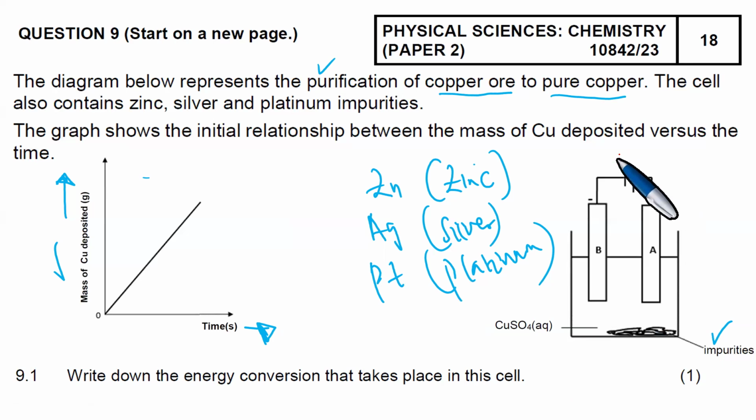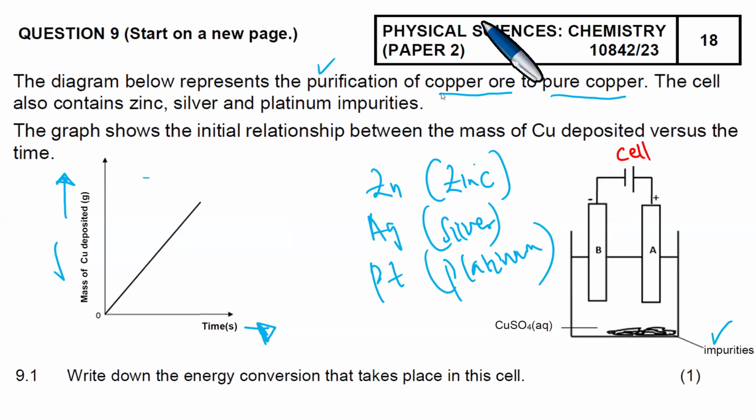In this cell, we've put a cell or a battery, and then we connect to the electrodes like this, and we have the solution here. Now I'm going to ask a question because I know that Nombuso has been sleeping.